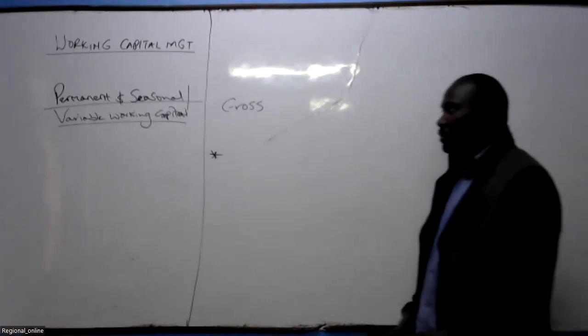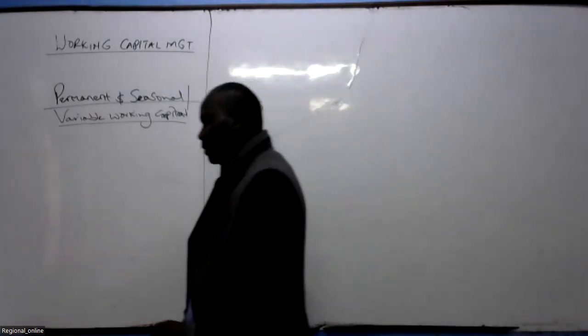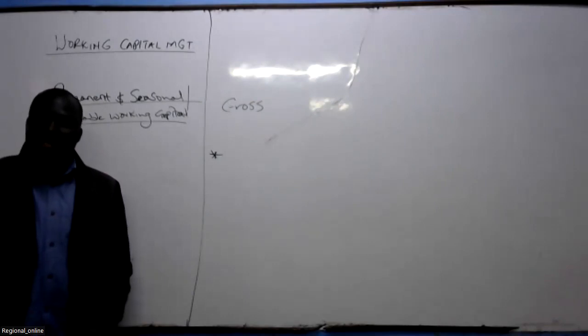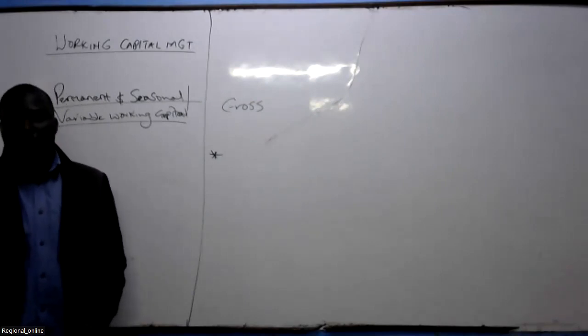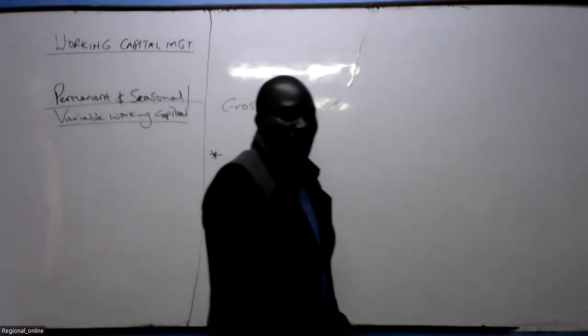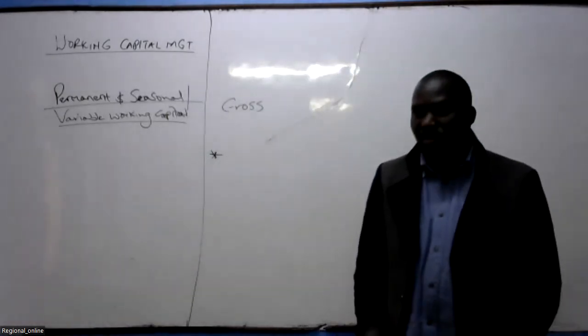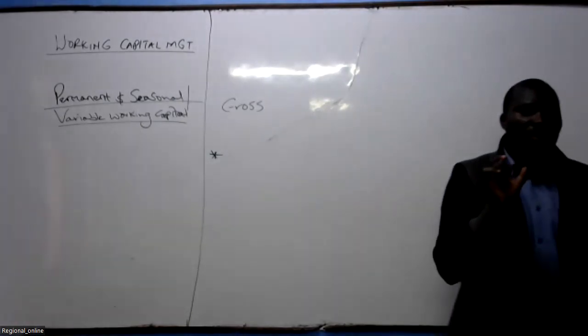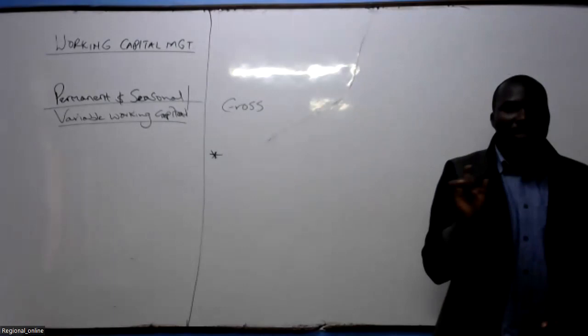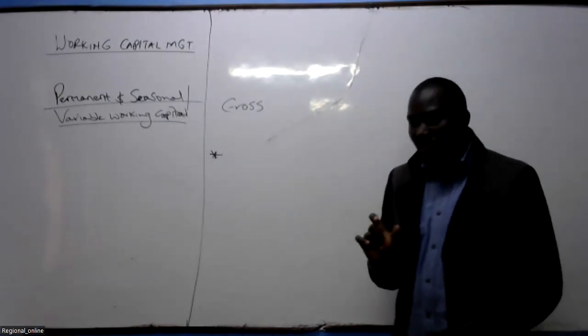But in finance, let me ask this way, maybe to make us understand. If you deal with stock, is there any time in the business you'll operate with zero stock? To operate with zero stock means you're not in business. So there is always that minimum level of stock that a firm must maintain at all times to meet its normal demand.